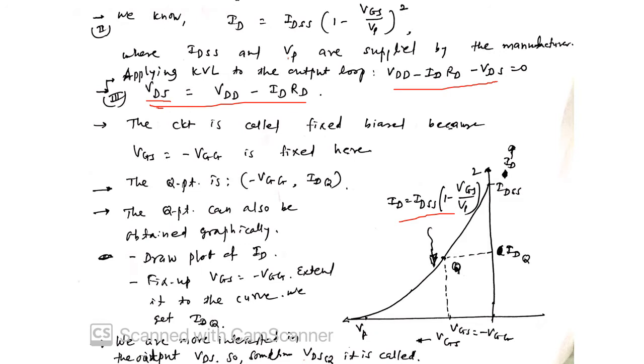On this, IDQ I have got from the previous network, so that is minus VGG and IDQ I have obtained. The Q point is obtained now because VGS is equal to VG minus VGG is already known, and the corresponding ID is obtained from the previous equation.